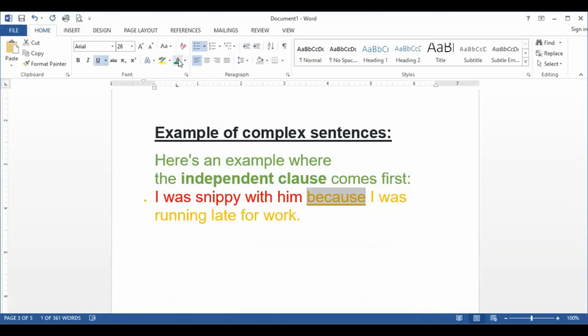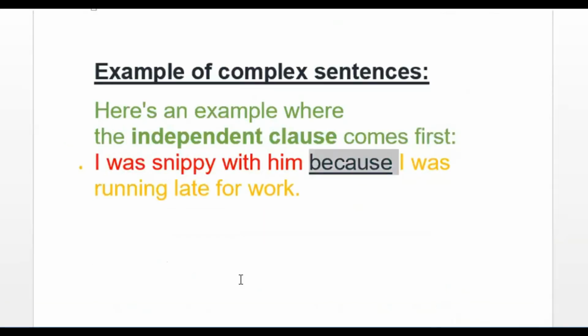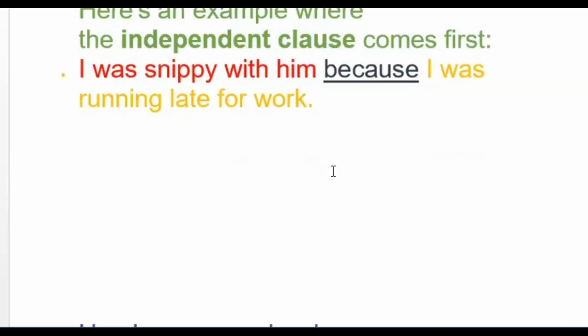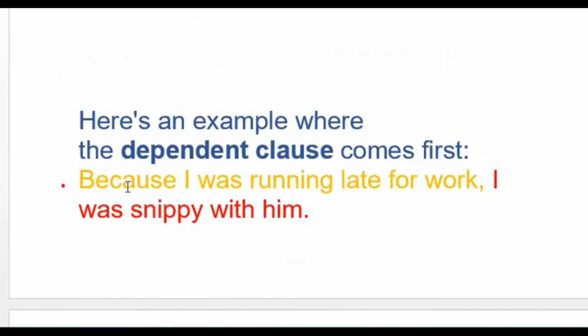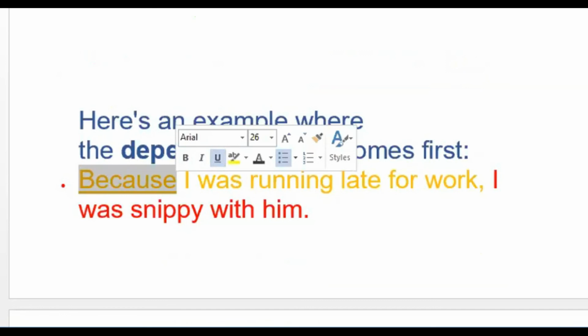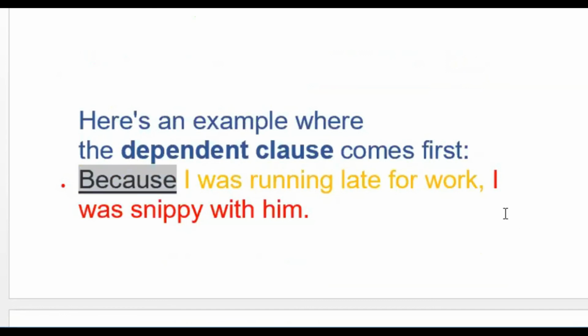This is our subordinating conjunction. When the independent clause comes first in the sentence, you don't need to use a comma.